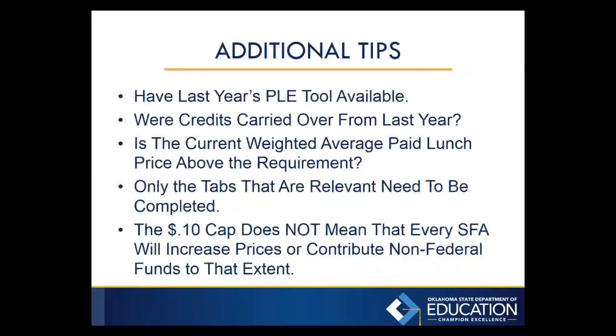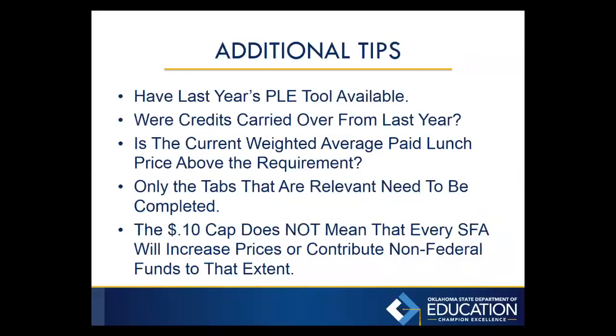Some additional tips on the tool: you need to make sure you have last year's available, or go back to the e-claims and get your last year's weighted average. If you had any credits that carried over from last year to this year, you're going to want to make sure you bring those forward. Is the current weighted average lunch price above the requirement?